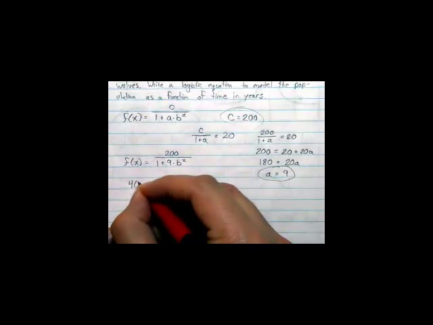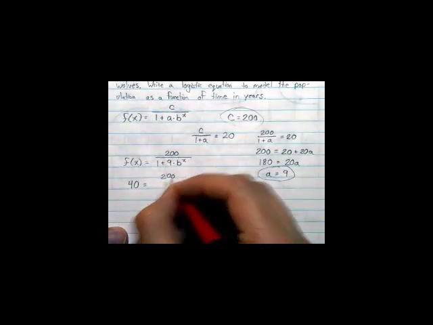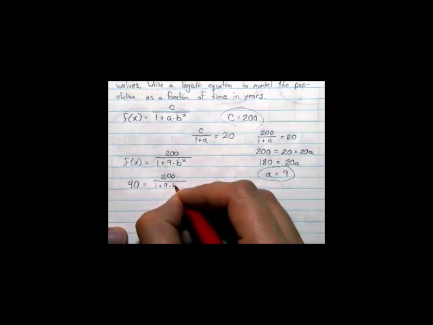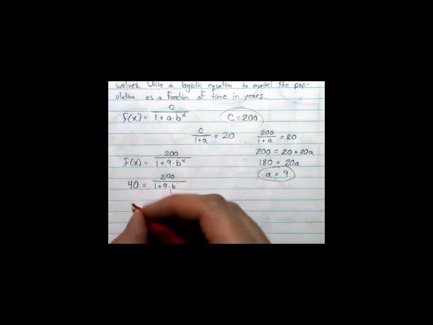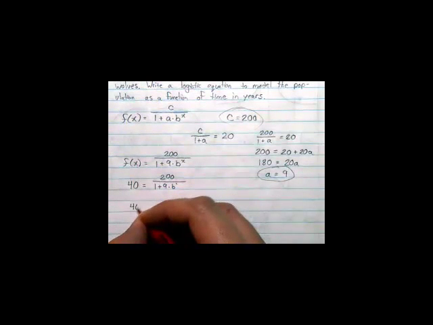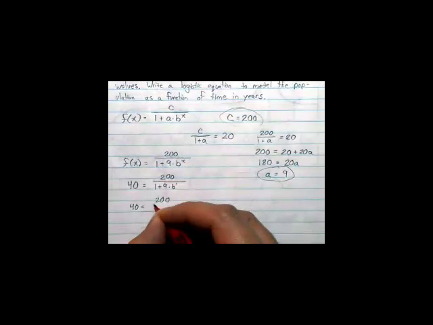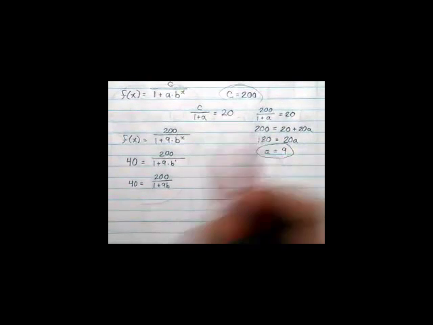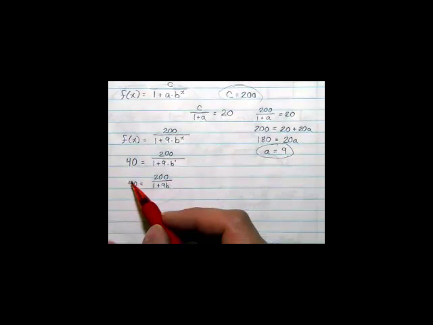So 40 equals 200 over 1 plus 9 times b to the first power. So we've got 40 equals 200 over 1 plus 9b. So we're in a similar situation as with the A thing there. I've got to solve this for b, but we can approach it the same way, right? I can just multiply this denominator up over to the 40.